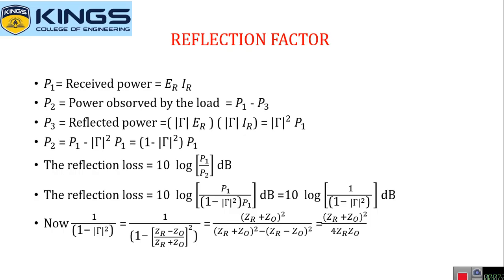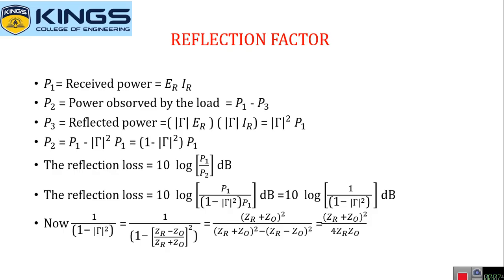Here we have ZR plus Z0 square minus ZR minus Z0 square. Applying A plus B whole square equals A square plus B square plus 2AB, and A minus B whole square equals A square plus B square minus 2AB, we get ZR square plus Z0 square plus 2 ZR Z0, minus of ZR square plus Z0 square minus 2 ZR Z0.